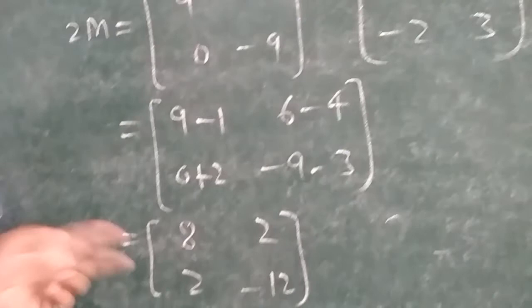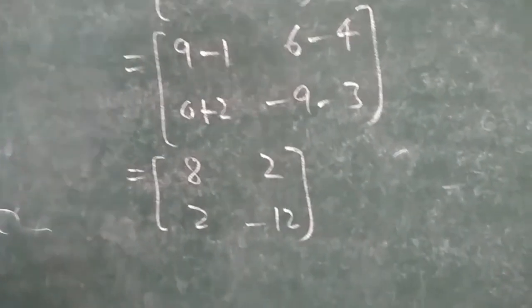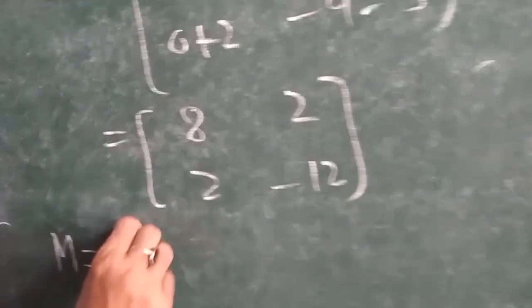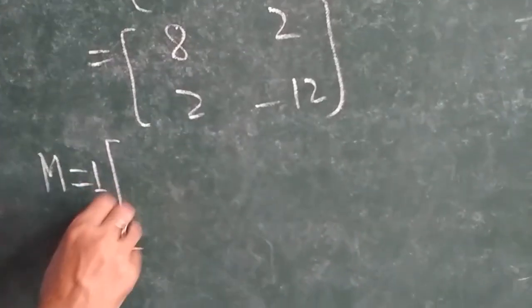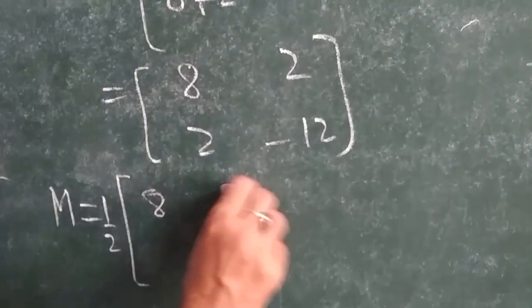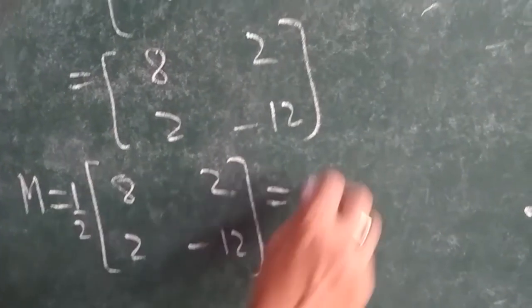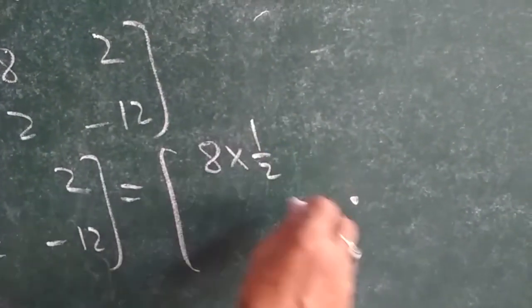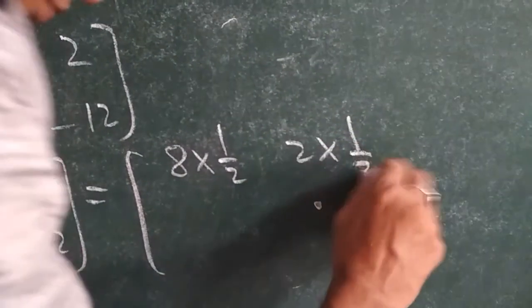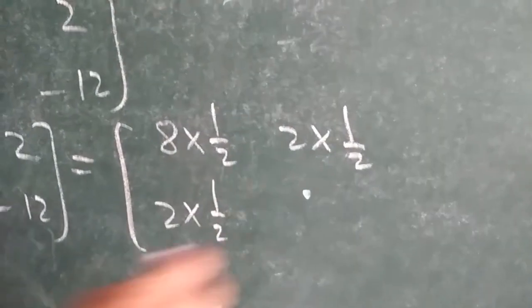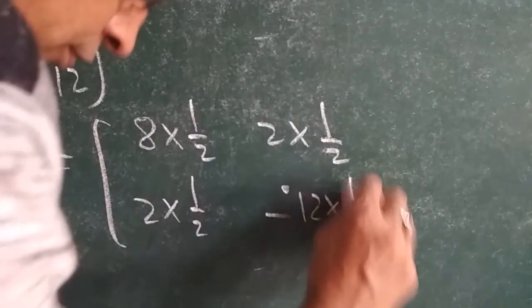Now this is the value of 2M, but our aim is to find the value of M, so we have to divide this by 2. So M equals to 1 upon 2, 8, 2, 2, minus 12. Then it is equal to 8 into half, 2 into half, 2 into half, minus 12 into half.